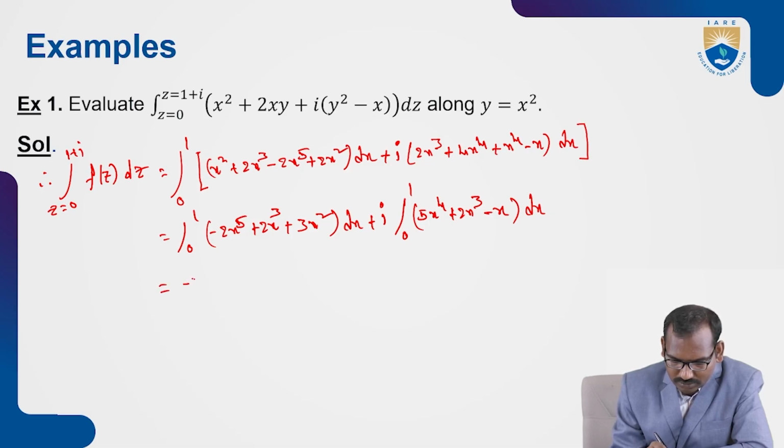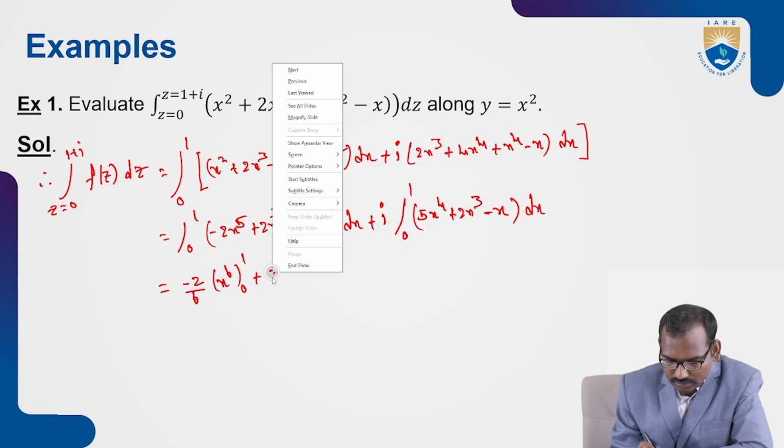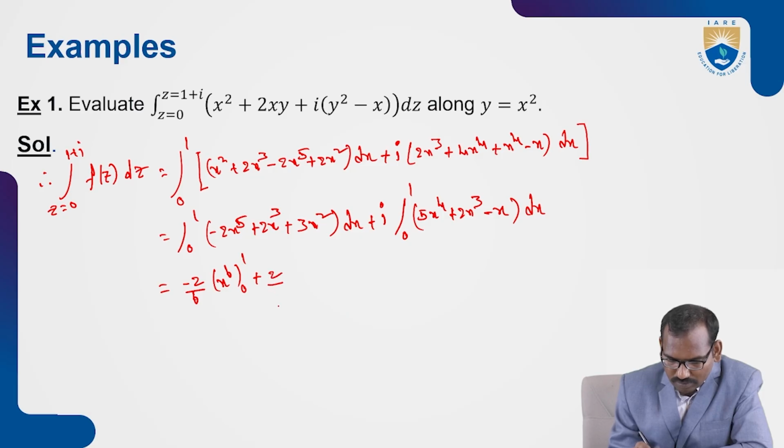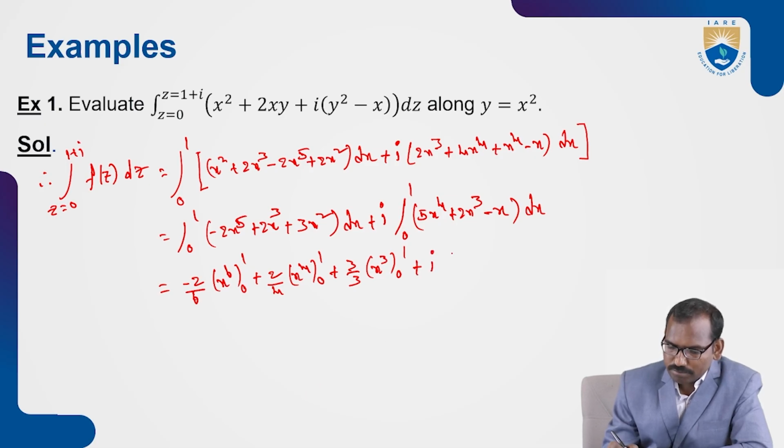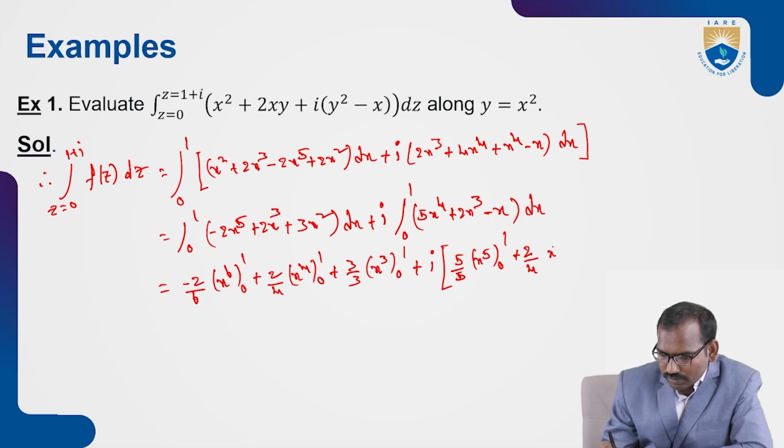For the first term, you will get minus 2 by 6 x to the power 6, x varies from 0 to 1, plus 2 by 4 x to the power 4, x varies from 0 to 1, plus 3 by 3 x cube from 0 to 1, plus i imaginary part. 5 by 5 x to the power 5 from 0 to 1 plus 2 by 4 x to the power 4 from 0 to 1 minus 1 by 2 x square from 0 to 1.